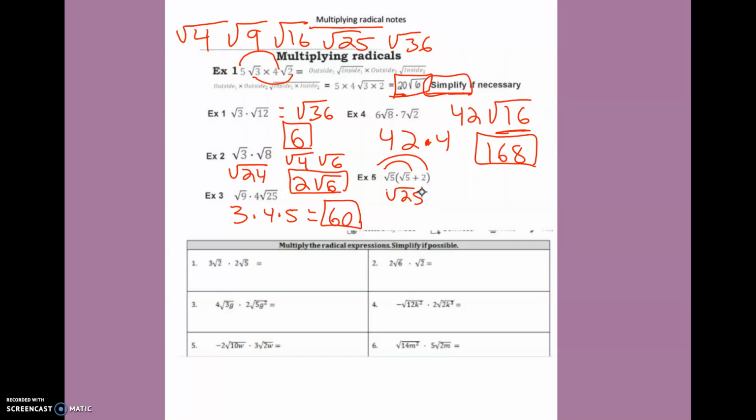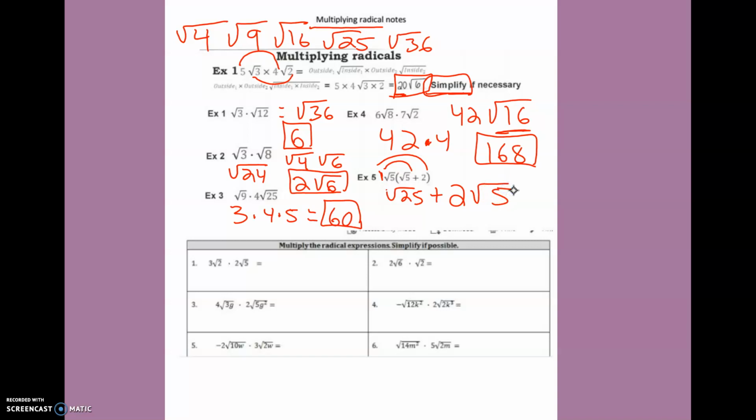And then I will take the square root of 5, and I will distribute it to the 2. Now you'll notice the 2 is not a radical. So really there's kind of a 1 next to here if you want to think about it. So it would be 2 times 1. So 2 is actually on the outside. Don't make the mistake of multiplying it because it's not a radical. And then you're going to have 5.